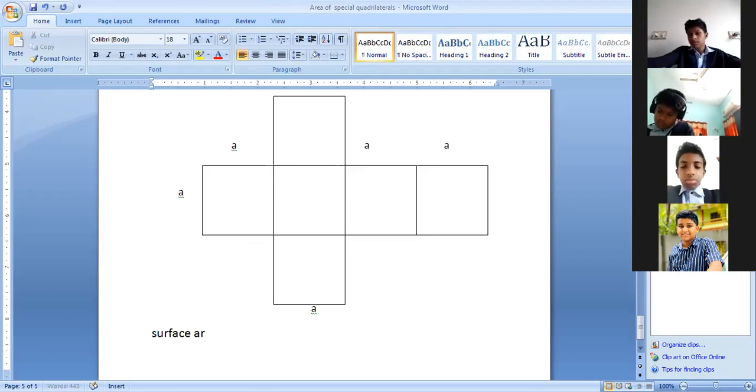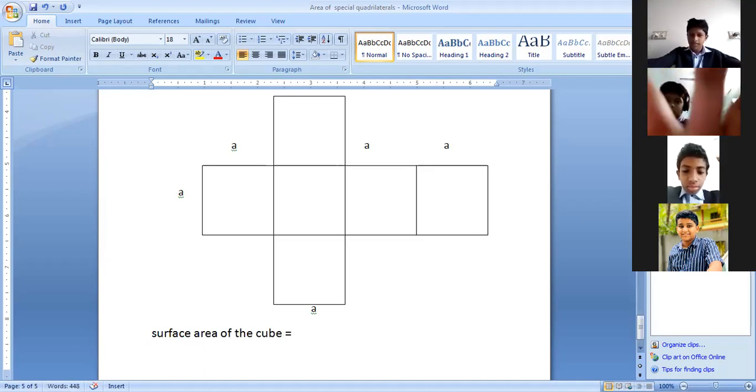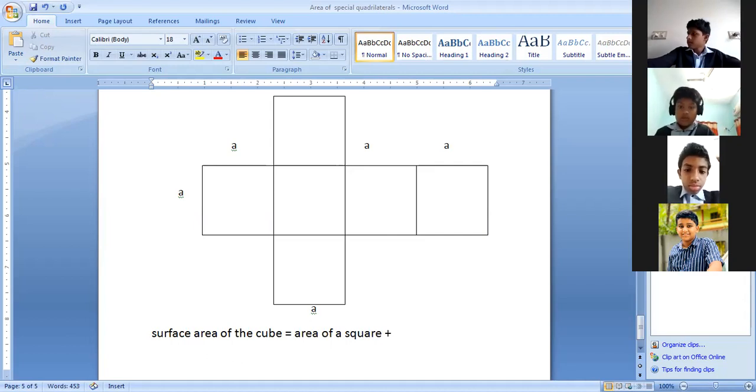Surface area of the cube will be equal to area of a square into 6. Why this 6? How did it come? What is the 6 here? Sides of a cube. Not sides, face.